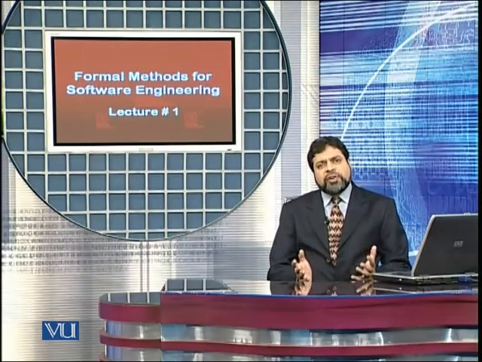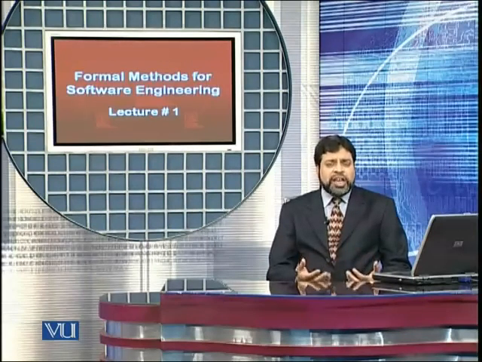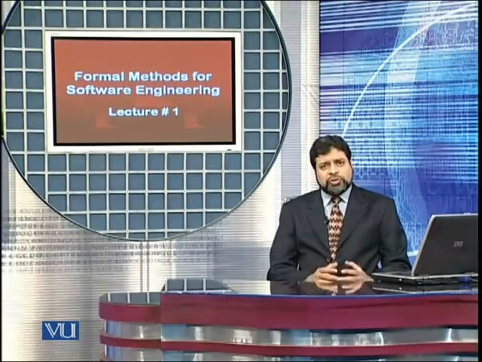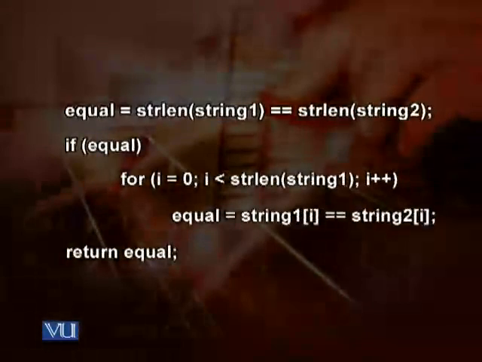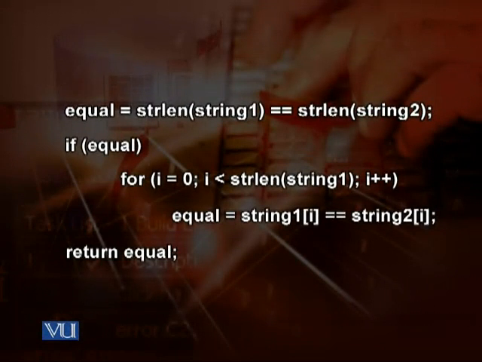So here is our sample code, and this code was actually written by a student in a class. There is a slight modification in this course that I have done, but this is an actual example. Here is the body of the code. We have equal is equal to strlen string 1 equal strlen string 2. That is, it is checking the length of the two strings, and if the lengths are equal, we set the value of this Boolean variable equal to true.